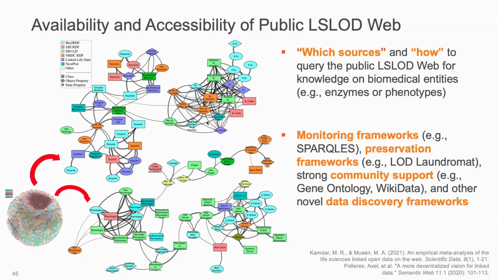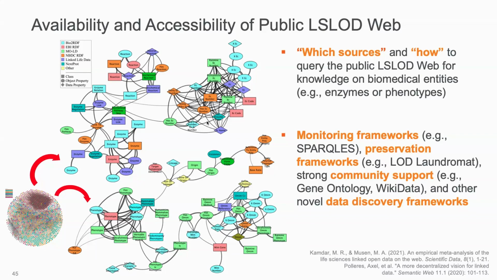You can have monitoring frameworks which monitor the availability of different sources on the linked open data web. You have preservation frameworks which take snapshots of different sources and put them in a registry such as LOD Laundromat. Similarly, if you use an existing knowledge graph, you can also ensure that it has strong community support.